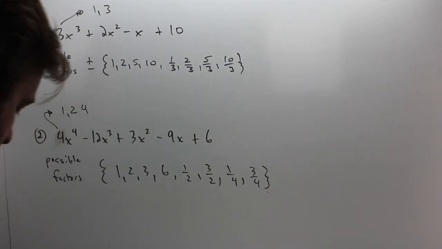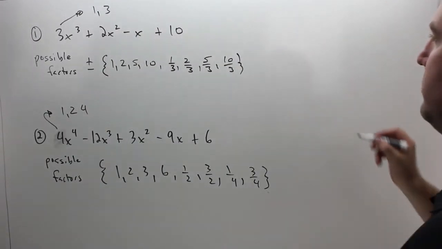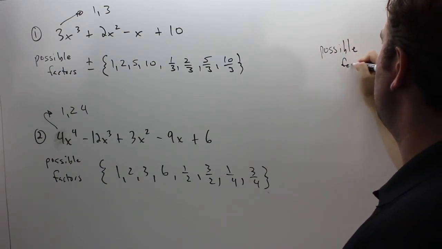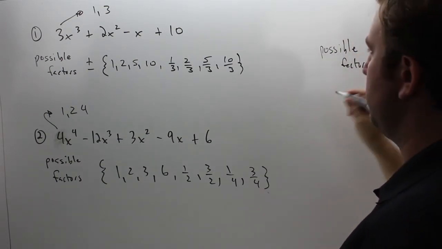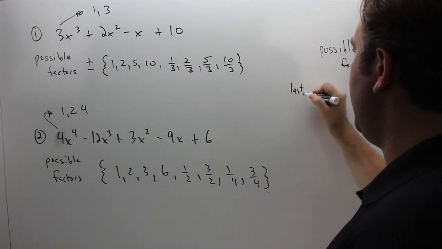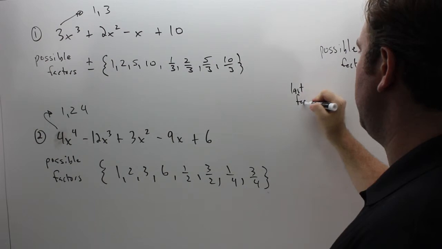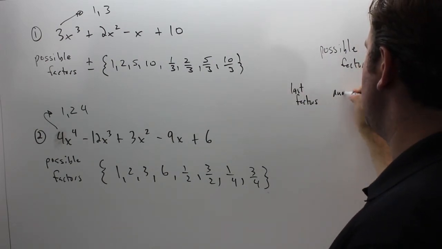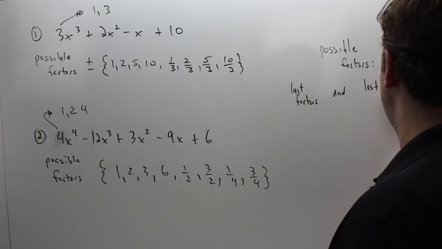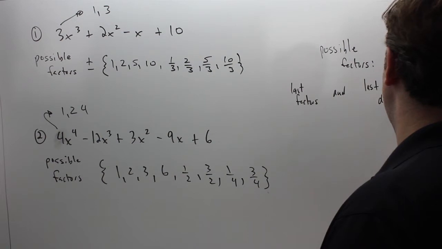Again, the key thing to remember when you're doing those is that the possible factors include all the factors of the last divided by all the factors of the first.